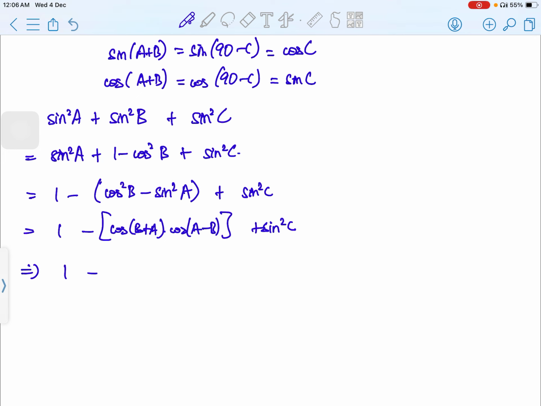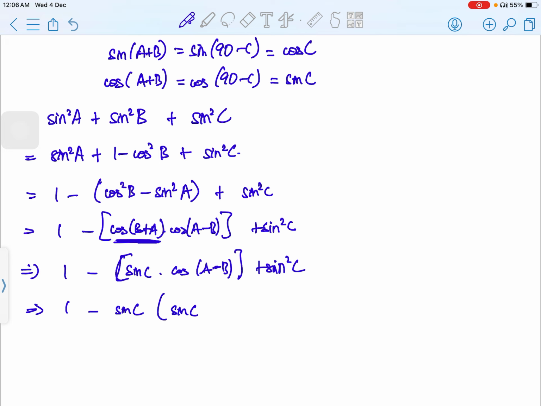Cos of A plus B you can write as sin C. So this entire thing is sin C into cos of A minus B, plus sin square C. So 1 minus sin C, and then if you take common out, you will have sin C minus cos of A minus B.